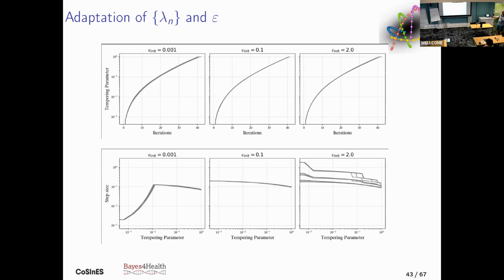What is interesting is this: here you see we start with a very small epsilon, which means that we don't go very far in the space. And you see that the algorithm detects that this is too small and increases it and goes towards a value that is almost 0.1. Here we started with a good value and we change it only a little bit.